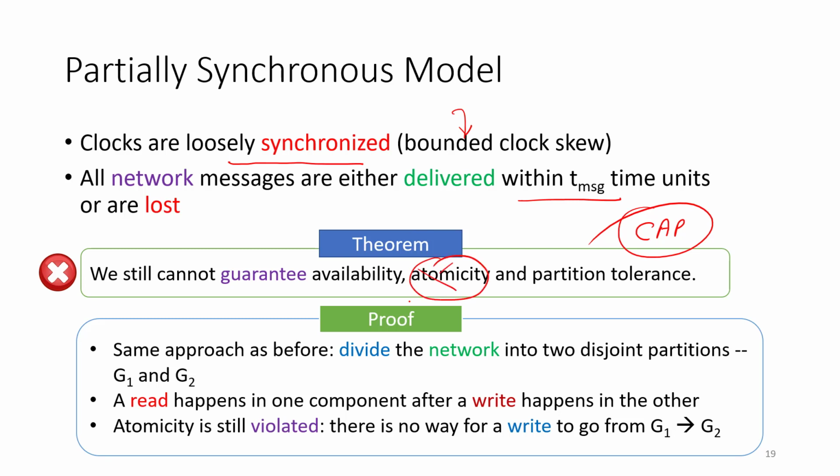So atomicity will not hold. If atomicity doesn't hold, if the C doesn't hold over here, then CAP cannot be guaranteed. So regardless of whether you are asynchronous or partially synchronous, we still cannot guarantee all three, even if the clocks are synchronized and the network is reliable to the extent that within T message time units it either delivers a message or loses it forever. So there's no cold storage here.